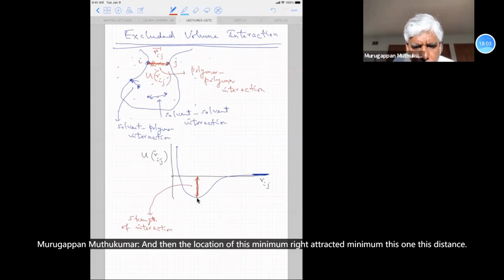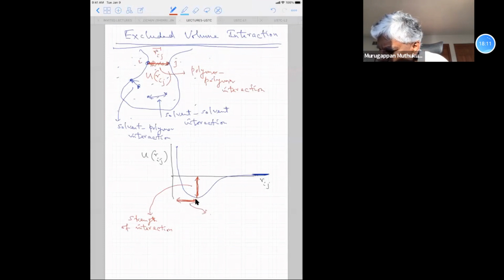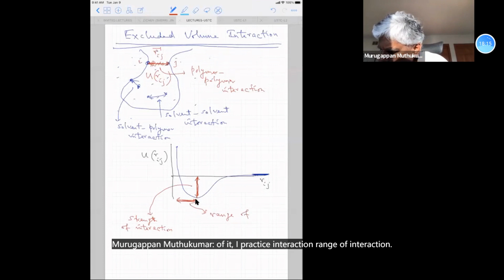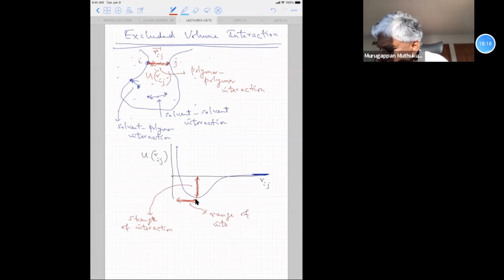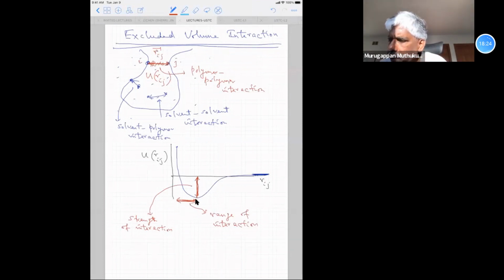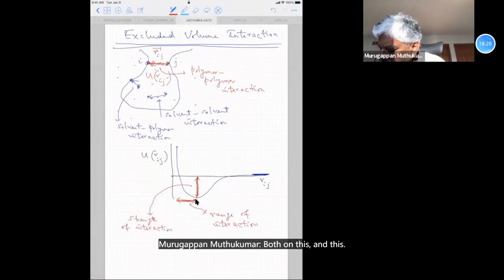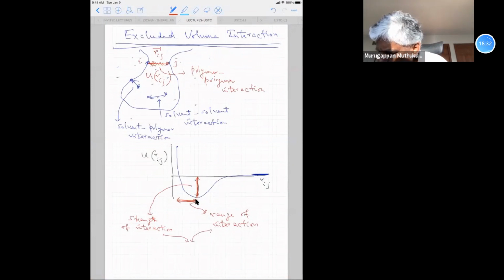And then the location of this attractive minimum, this distance, that gives me the range of attractive interaction. And both of them depend on chemistry. Both of them, this and this and this, depend on chemistry.